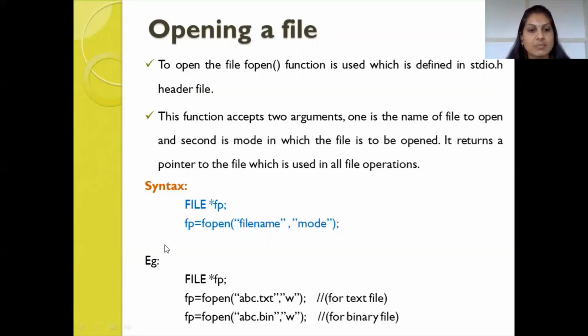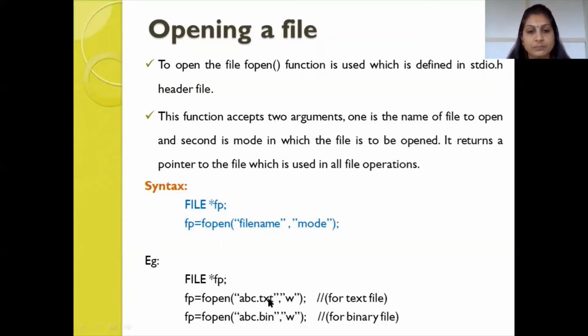Here is the example for opening a file: first create the file pointer FILE star fp, and then fp equals fopen. The file name has a txt extension. Whenever you create any file, it has two things: first a name, then a dot, and the extension. For a text file, the extension is txt, and for a binary file, the extension is bin. So here we consider two different files.